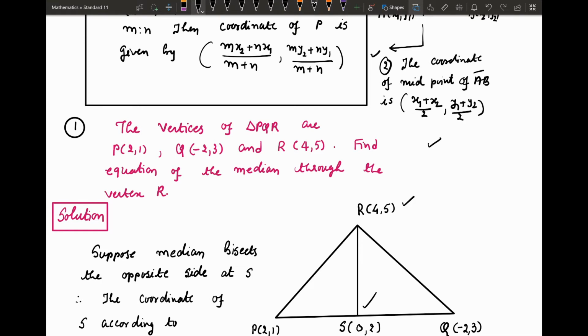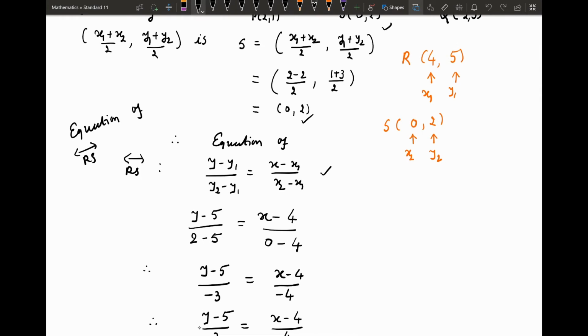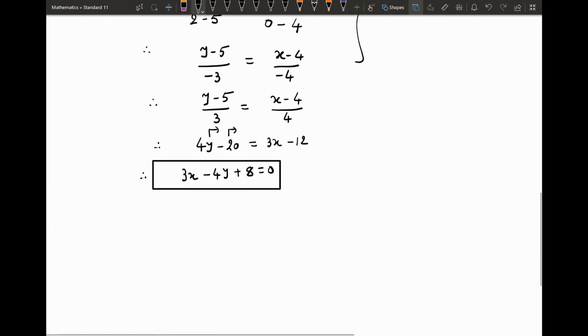We obtain the coordinates of S using the midpoint formula, and once we get the coordinates of S, the equation of line RS using the two point form, (y minus y1) upon (y2 minus y1) equal to (x minus x1) upon (x2 minus x1), and this is the simplification.